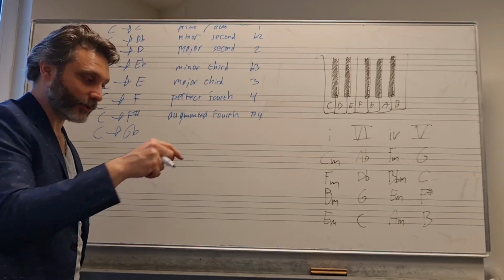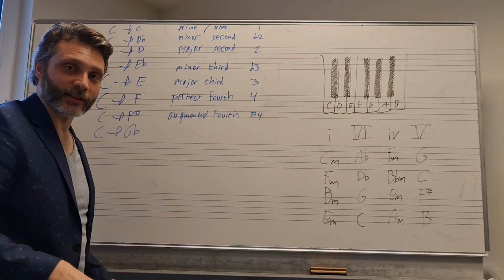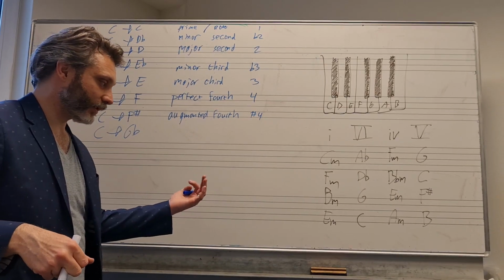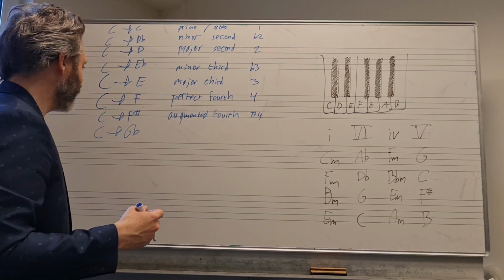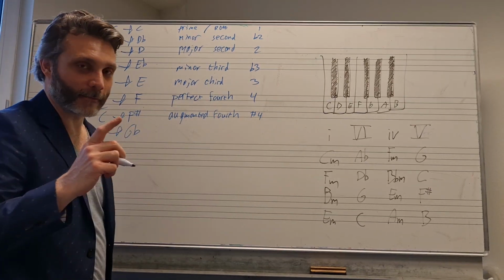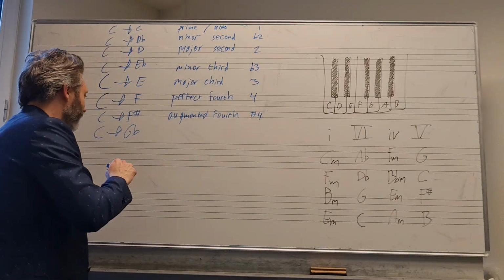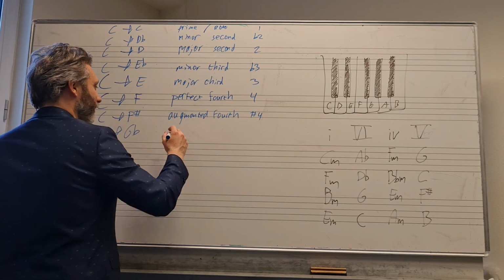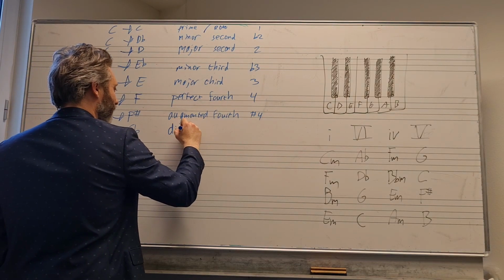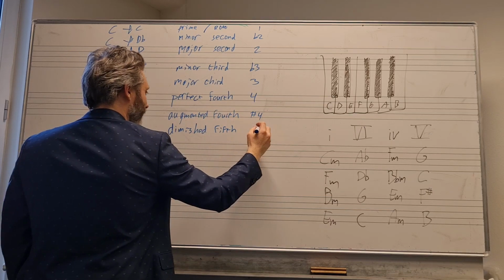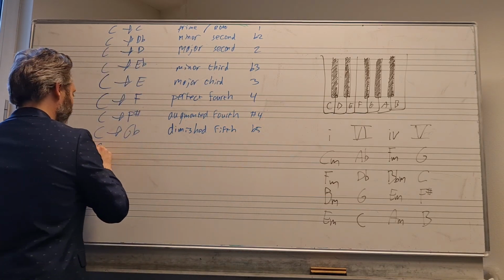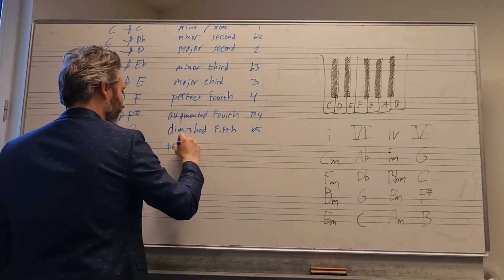So it will be the same key on the piano, the same square on your guitar, or whatever it would be, the same note to sing for most applications. But the interval will be named differently, and we will get to why later on in the course. Diminished fifth. C to G would be a perfect fifth.